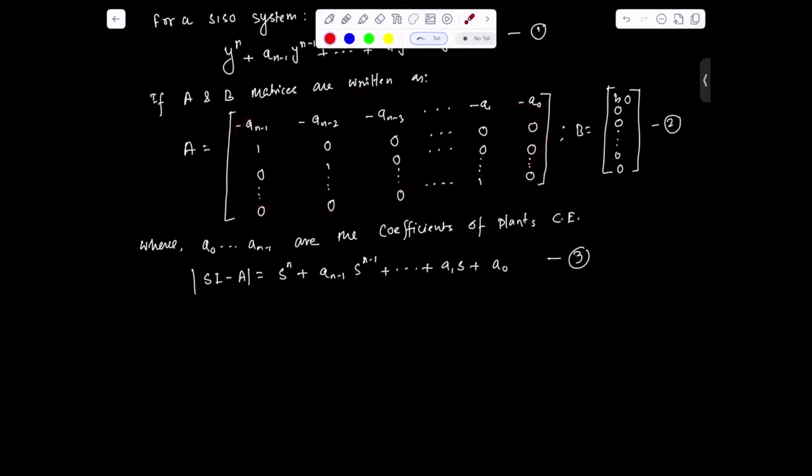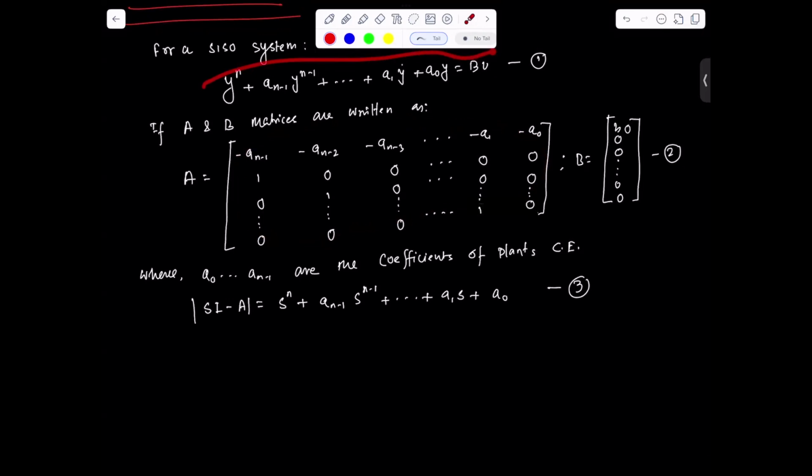These are the coefficients of equation 1, the system equation.